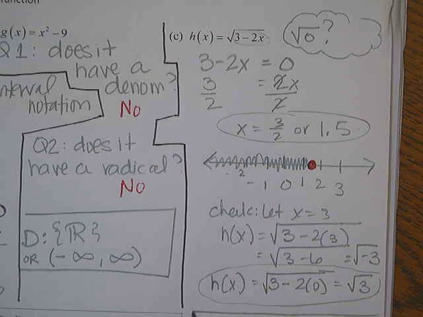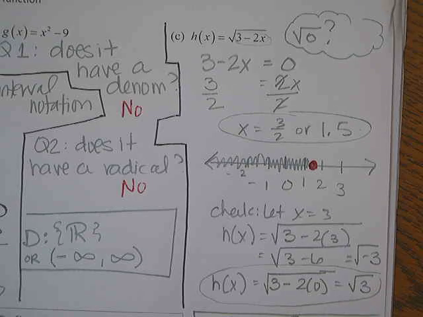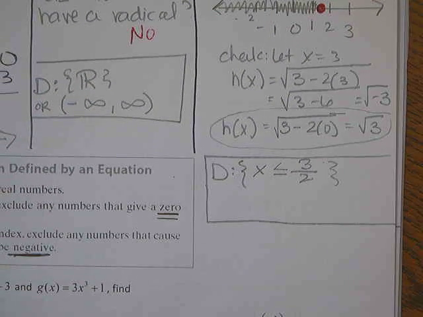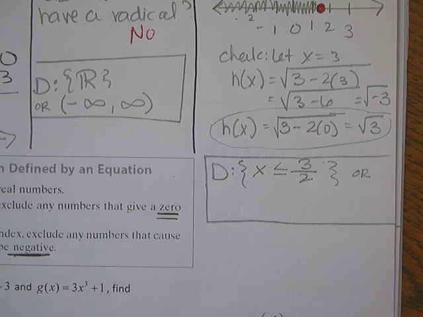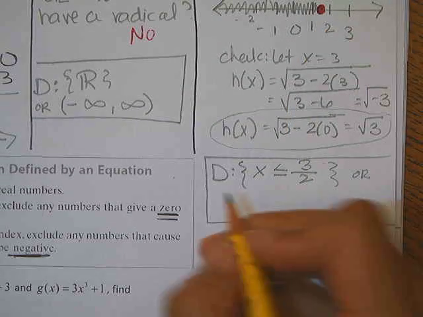Here we go. Domain, we're going to write the old school way first, okay? So domain is x is less than or equal to 3 over 2. I love writing fractions, so let's just keep it as fractions. Or the new notation, from our number line, as you can tell, is from -infinity all the way to 1.5.